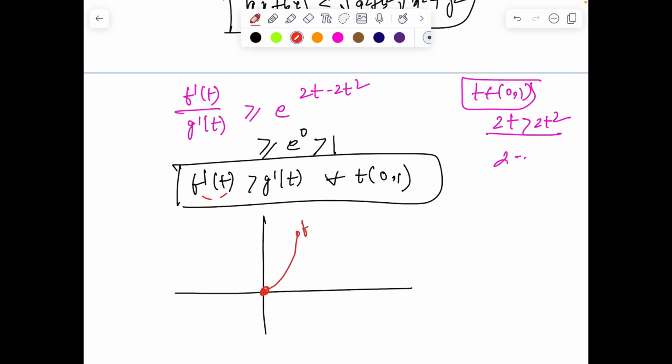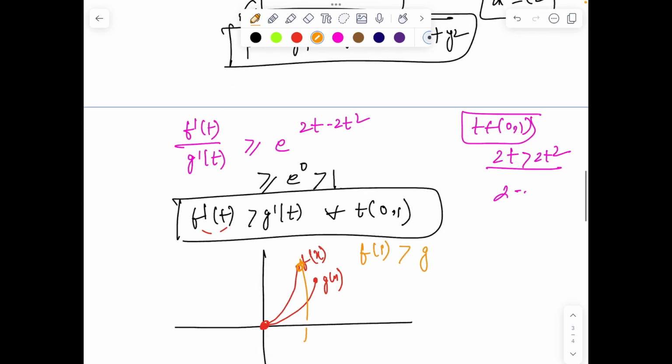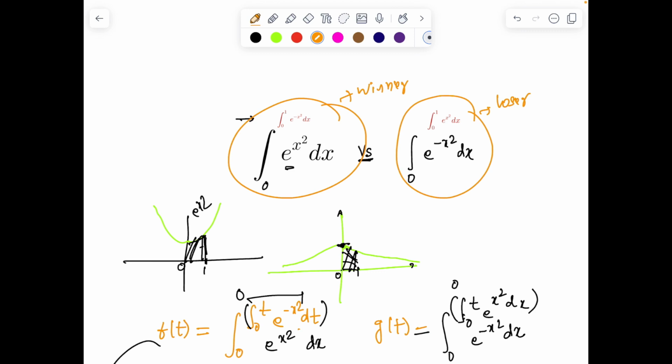So if it is more steep, f(x) will look like this. Similarly, g(x) will look like this. So from here I can tell the value of the function f at 1 will beat the value of the other function g at 1. Like AM-GM, in basic integration this can be asked. Okay, so I hope you have understood this and it added to your conceptual understanding.